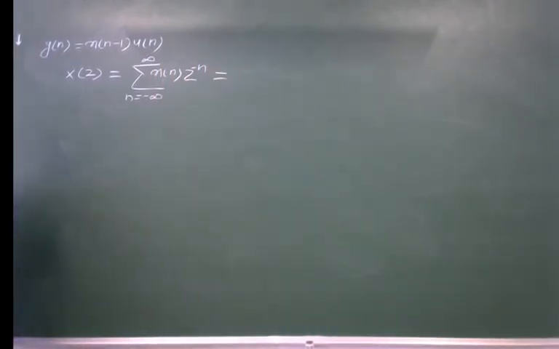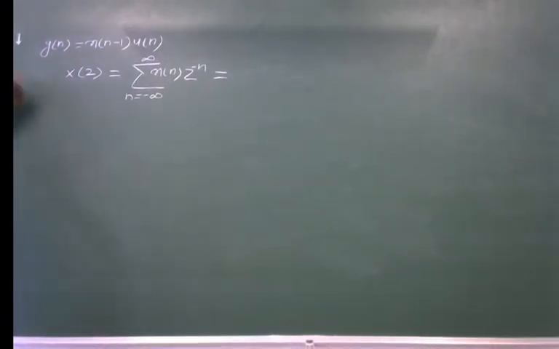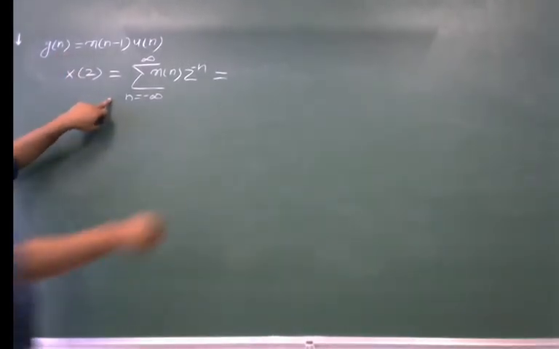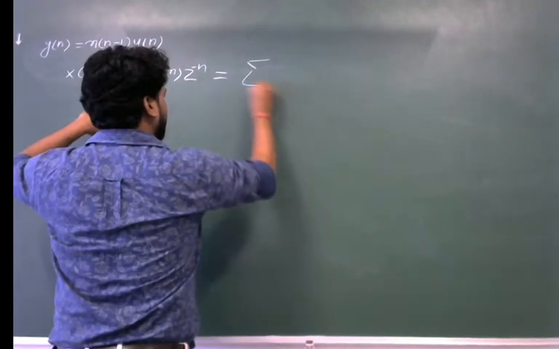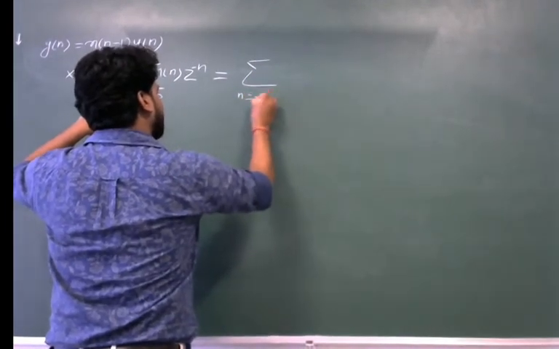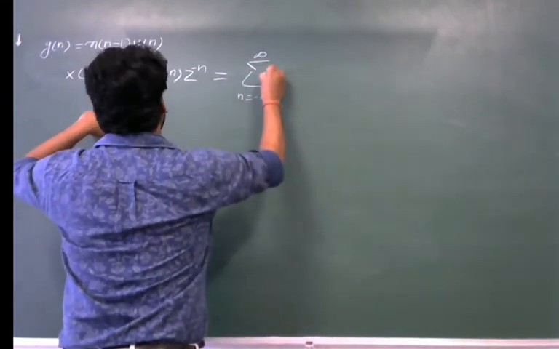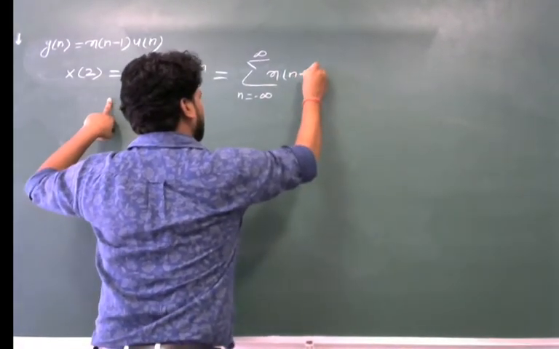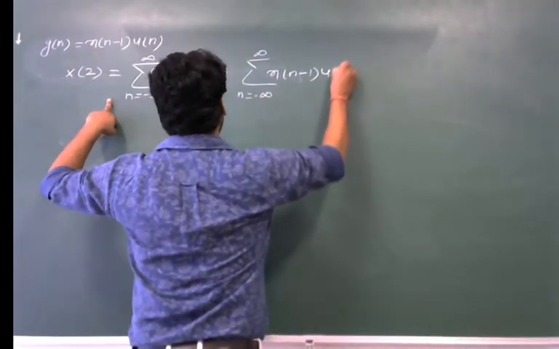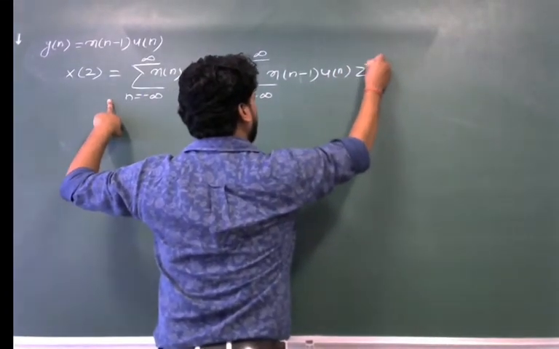Because we had to get the z transform of this y of n, I will put the value of y of n in the given relation, and this will become sigma n from minus infinite to plus infinite x of n minus 1 into u of n into z power minus n.